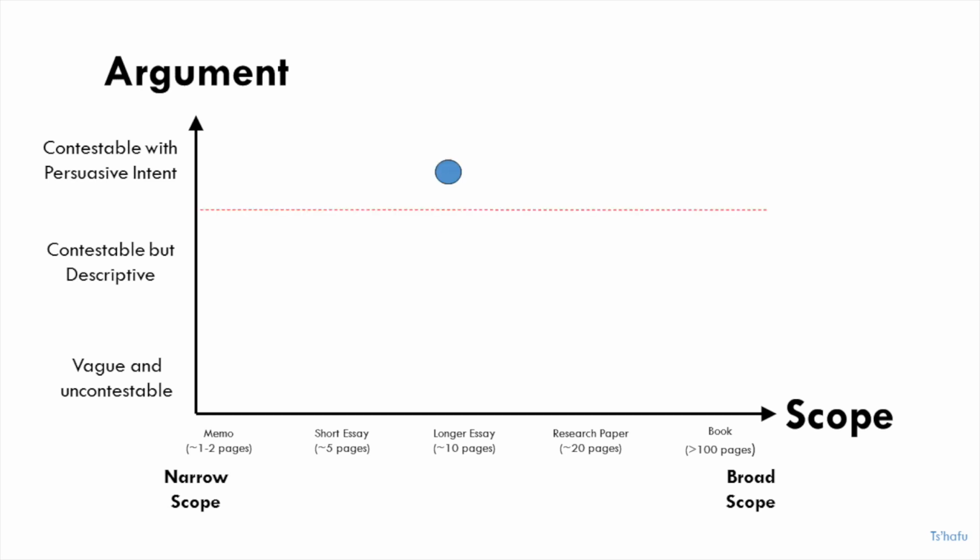In other words, we want that thesis to be contestable with a persuasive intent. And then the second, and we will cover that at a later point in the next couple of videos, the next step is to ask whether the thesis as we have it matches the number of pages that we have available.